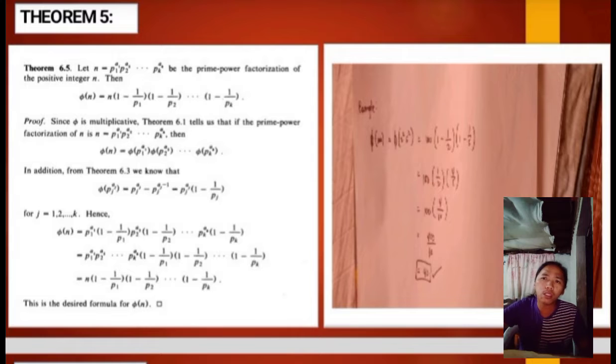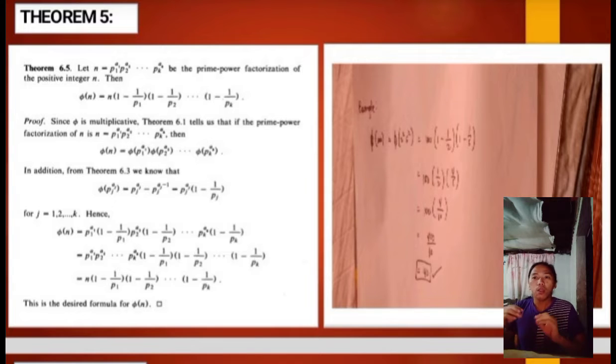So to understand more, since phi is multiplicative, theorem 1 tells us that if the prime power factorization of n is p sub 1 raised to a sub 1, p sub 2 raised to a sub 2, all the way to p sub k raised to a sub k, then phi of n is equal to phi of p sub 1 raised to a sub 1 multiplied by phi of p sub 2 raised to a sub 2, all the way to phi of p sub k raised to a sub k.